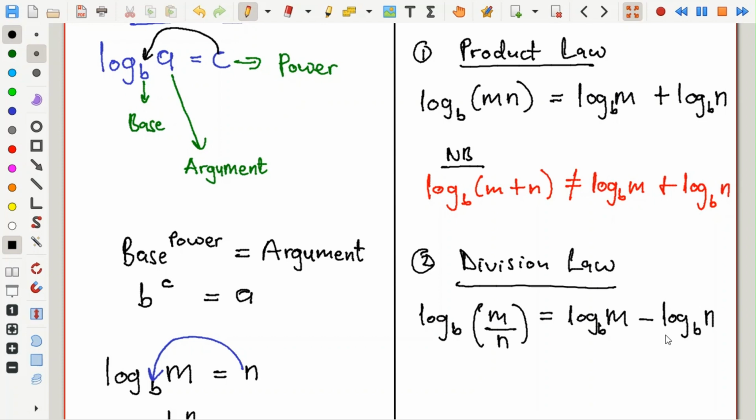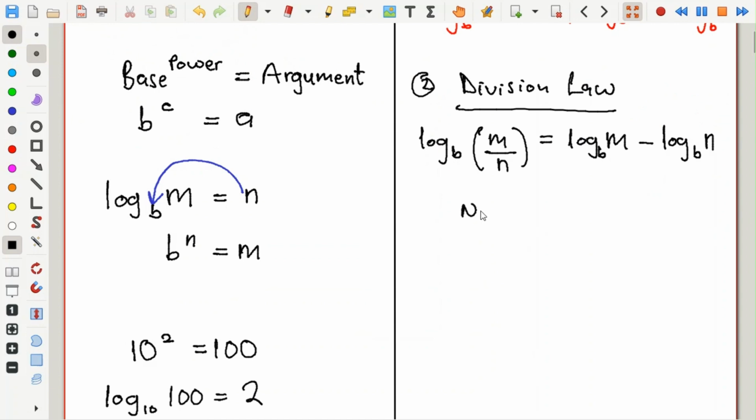Now, please take note also here that this is not the same as m minus n.